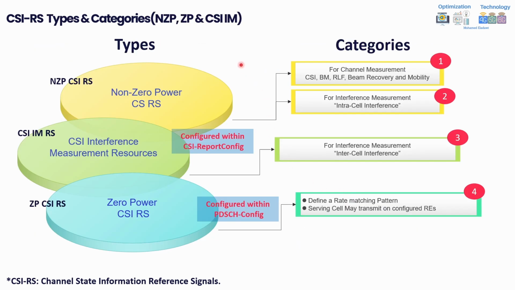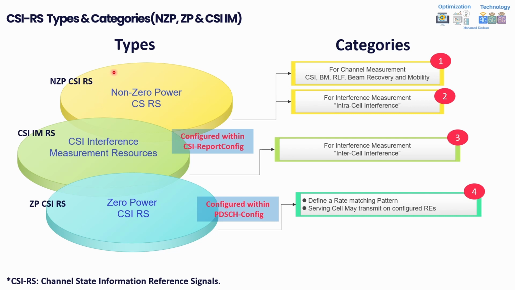Okay, moving forward, this is one of the most important parts, which usually causes some confusion during studying or even reading. It's related to the CSI-RS types and categories. In CSI-RS, we usually say there are 2 types, zero power and non-zero power, but actually there are 3 types.